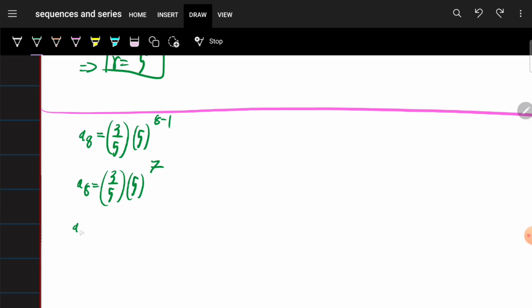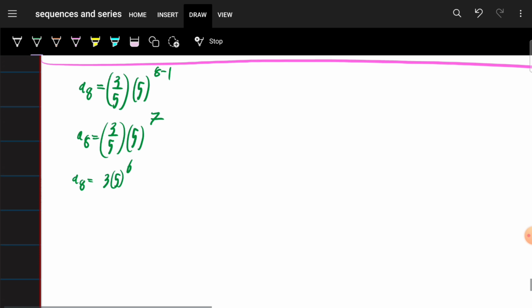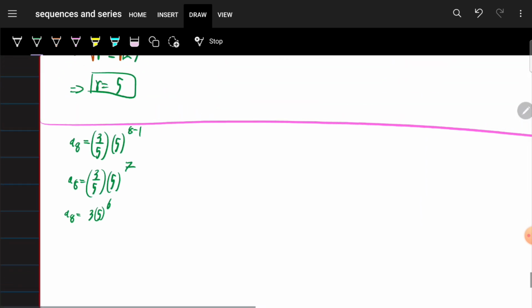So this will become A8 is equal to 3 times 5 to the 6. So let's see what this is. 5 to the power of 6 times 3, and our 8th term is equal to 46,875.